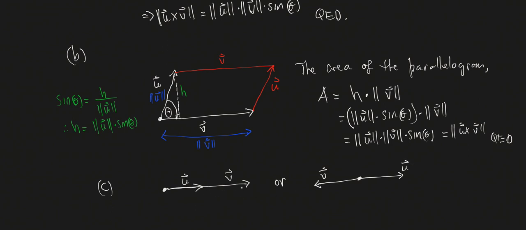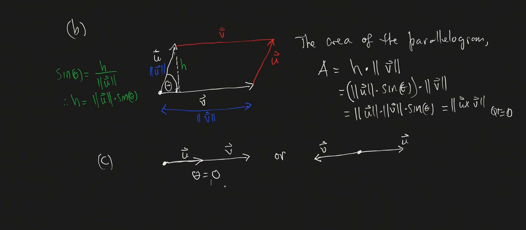Well, if they point in the same direction, then the angle between them is 0. If they point in opposite directions, then the angle between them is pi. But either way, the magnitude of the cross product is the magnitude of U times the magnitude of V times the sine of the angle, which is what we proved in part A. If theta is equal to 0 or pi, the sine of theta is equal to 0, right?